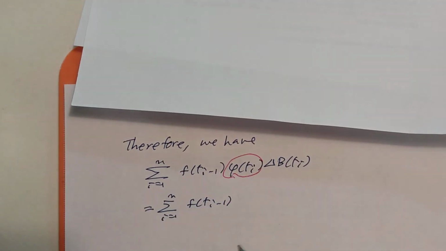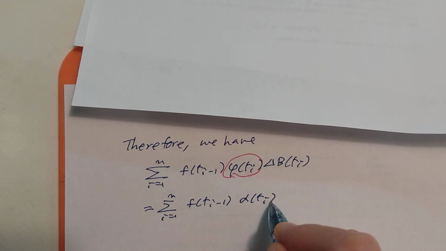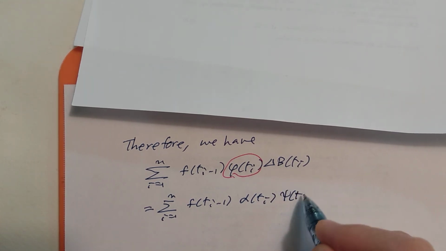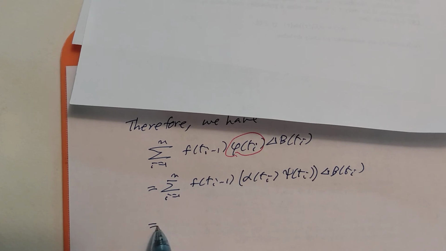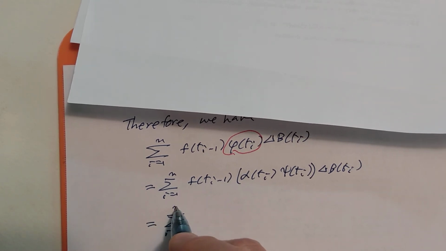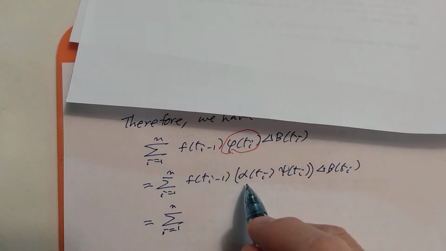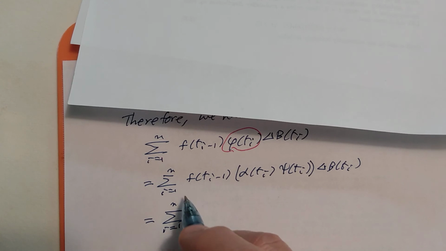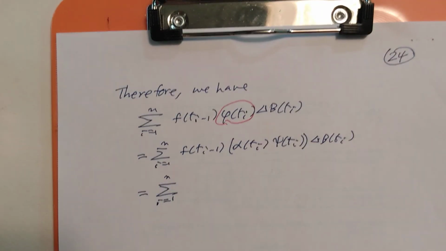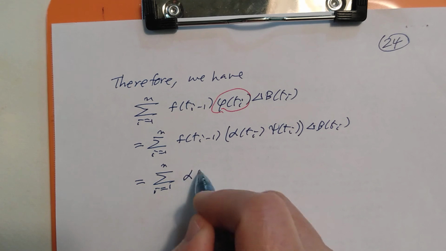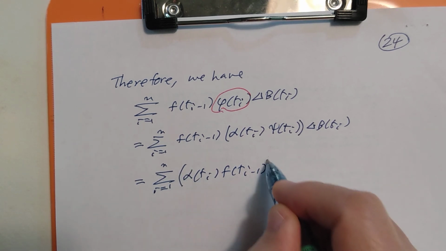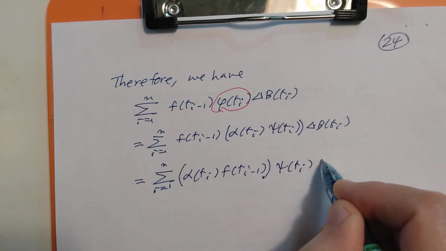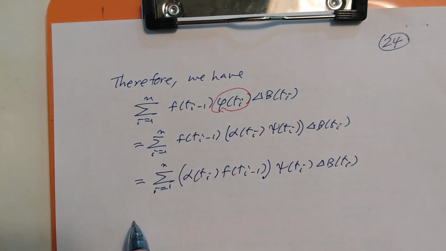So phi t is alpha t sub i psi t sub i. And then that equals the summation where I push alpha to the front of f, so alpha t sub i, f t sub i minus 1 together.